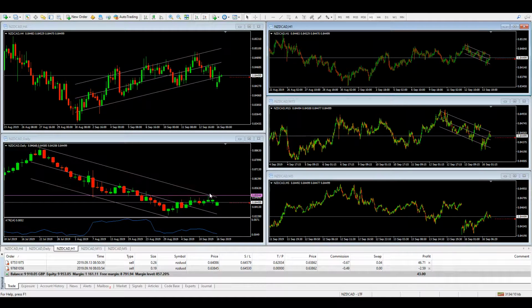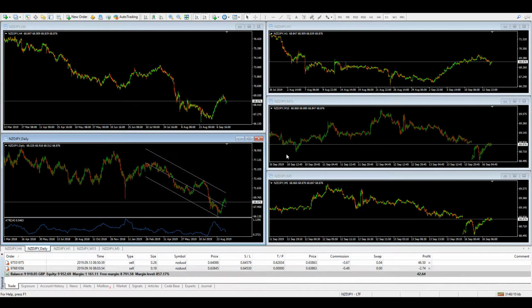Stops above this level, 1-to-1s would take you to around about here. So viably there's 2-to-1s if you take profits before this previous low as well. This is definitely the type of trade that I like and is my preference. So I'll talk a bit more about my positioning on the NZDUSD when we get to it.